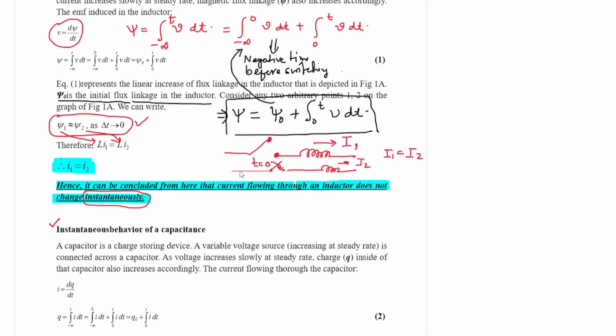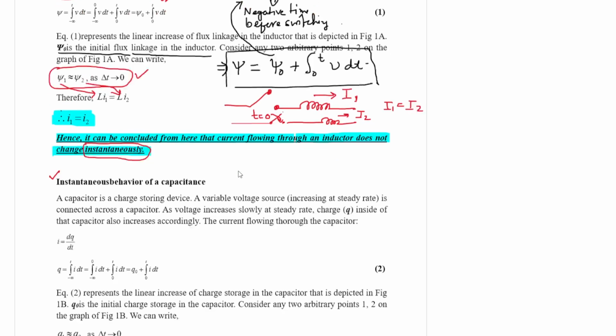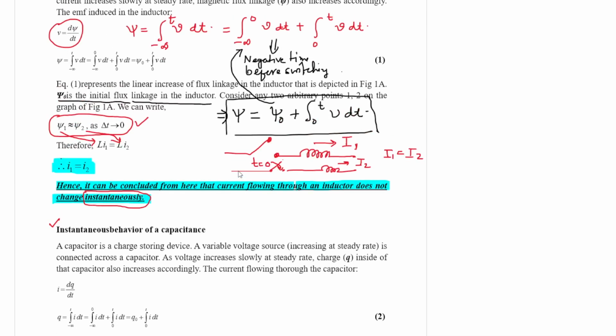Now let us try to understand this more technically. Suppose we have a switch, and we are making it close at t is equal to 0.